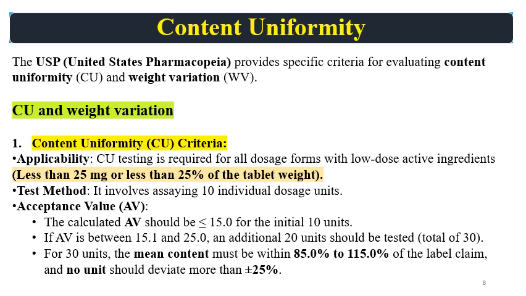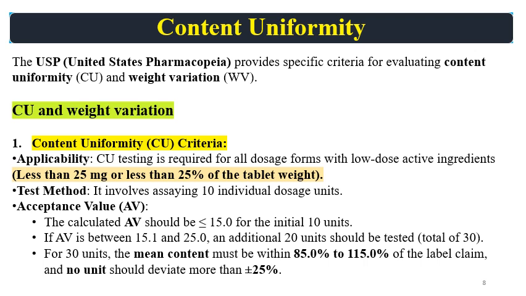If the formulation contains less than 25 mg of the API, or if the API is less than 25% of the tablet weight or capsule fill weight, then CU testing is required. And if the formulation contains the API more than 25 mg or above the 25% of the tablet weight, then you can go for the weight variation testing.